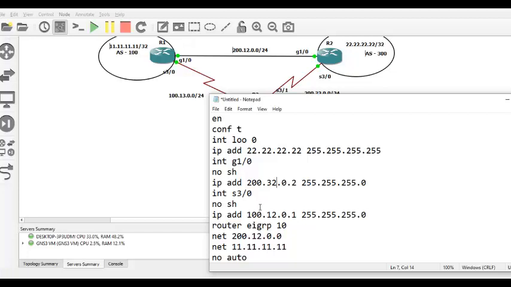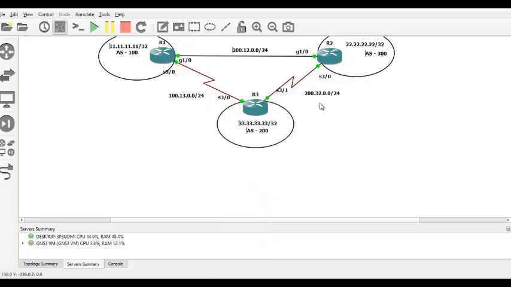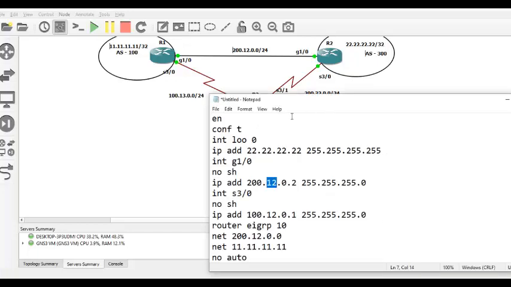What am I doing? 200.32, and this is going to be 2.